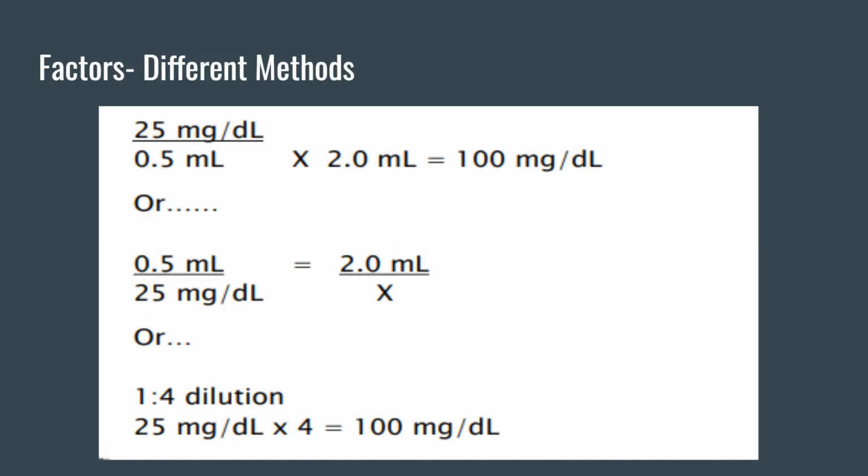So if we cross multiply, 25 times 2 and then divide by 0.5, you're going to get X equal to 25 times 4, or 100 milligrams per deciliter.